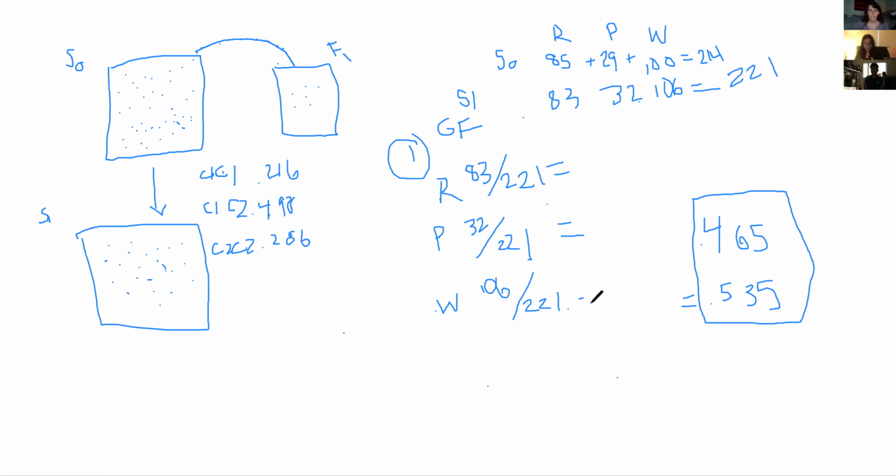I'll do these really quickly. 83 divided by 221 equals 0.376. 32 divided by 221 equals 0.1145, and 106 divided by 221 equals 0.479.